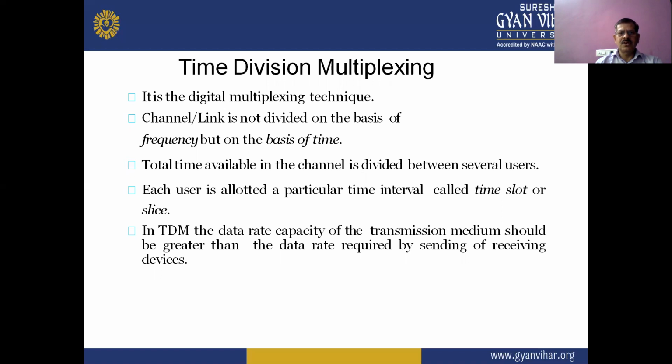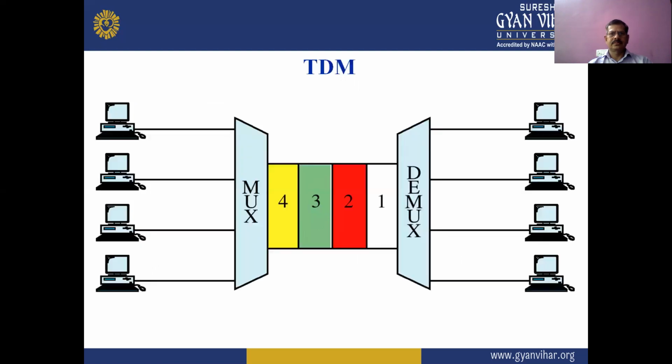Each user is allotted a particular time interval called a time slot or slice. In TDM, the data rate capacity of the transmission medium should be greater than the data rate required for the sending or receiving device. This is the TDM, time division multiplexing system.